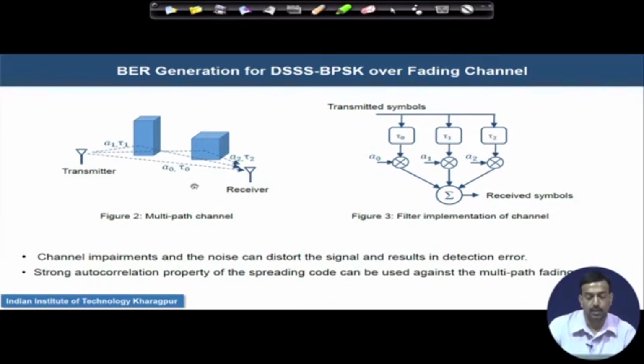So typically a wireless channel would incorporate more than one such path, which is essentially the cause for distortion, and a simple filter interpretation of this effect can be in terms of this linear filter that has been modeled.